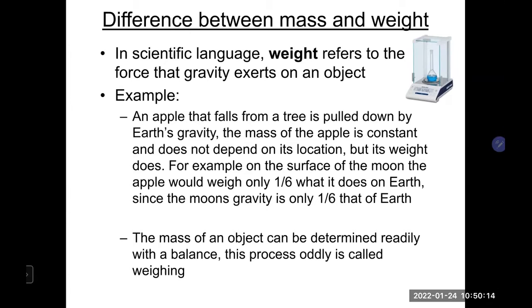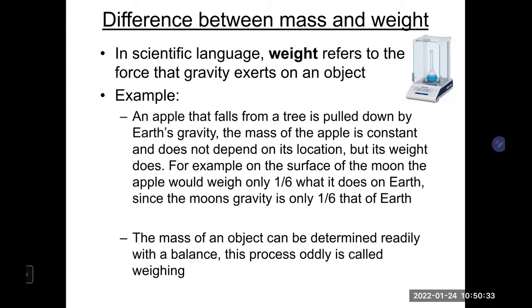Mass is independent of that. So when we weigh things in chemistry, we should usually refer to it as the mass. The mass of an object would be the same here as on the moon, but the weight of those objects would be different, as there's a different force of gravity in both locations.